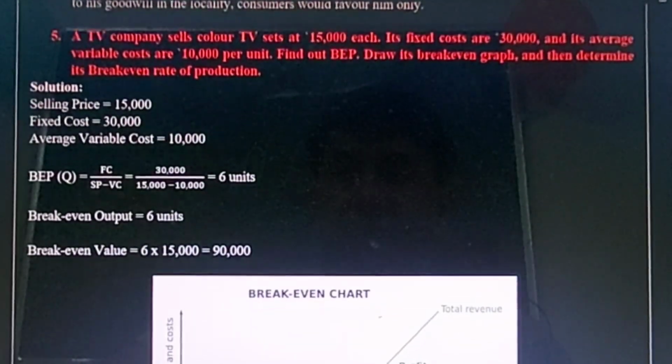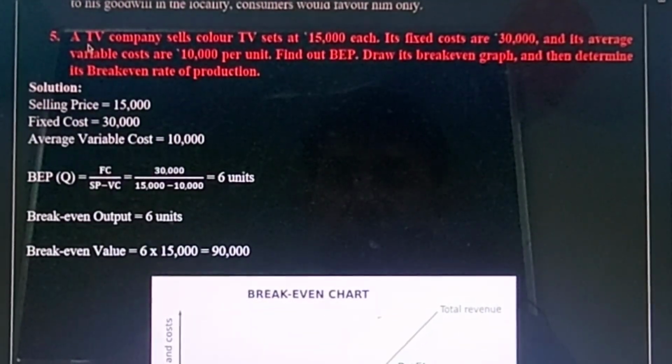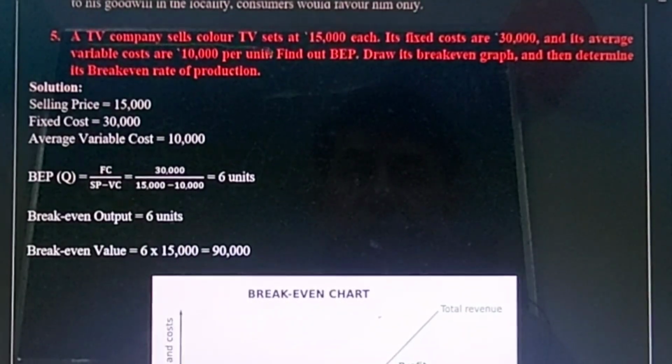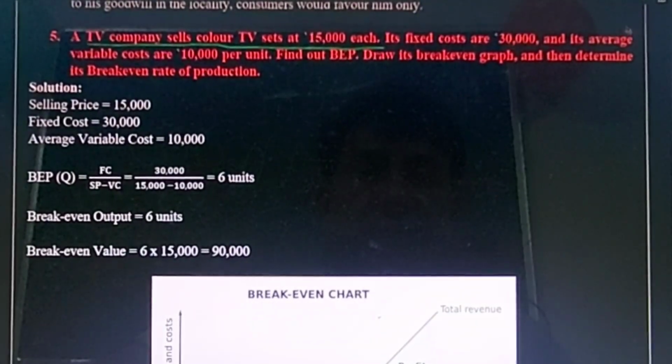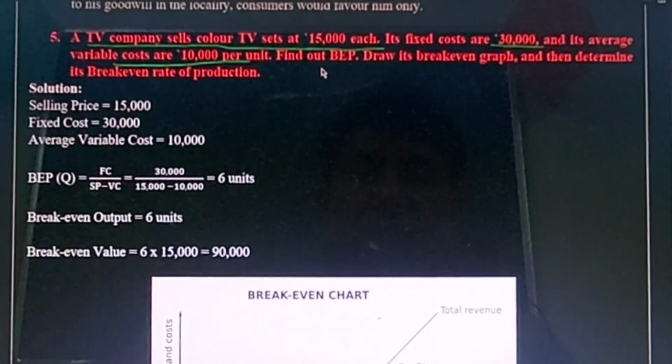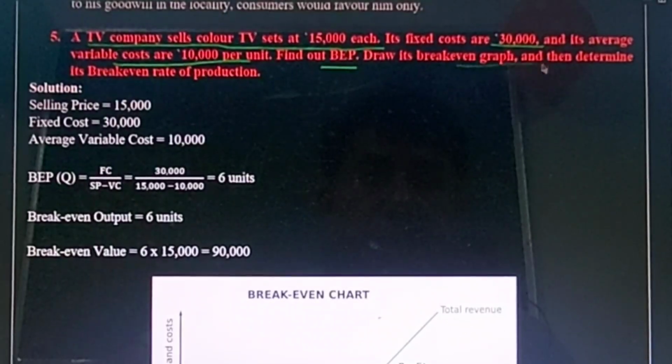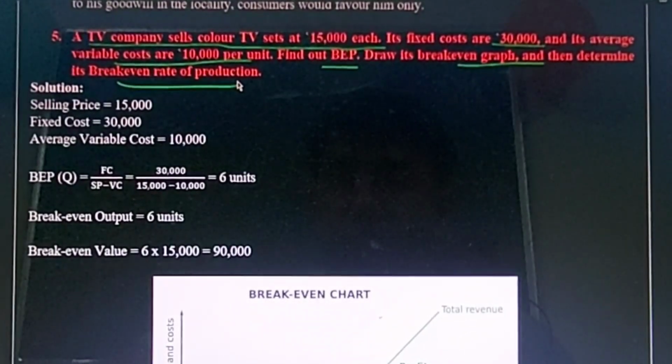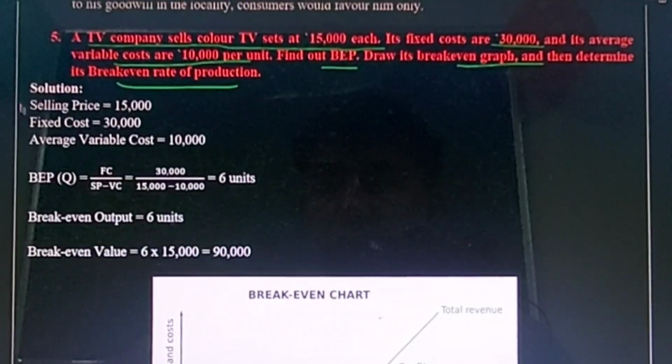Okay, question number 5 is a numerical part. A TV selling company sells TV at 15,000 each. The fixed costs are 30,000. The average variable cost is 10,000 per unit. So you have to find BEP and also draw the graph and determine the break-even rate of production. So what is given in the question, just jot it down.